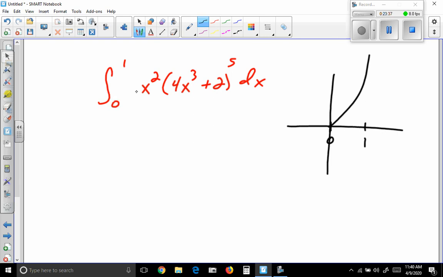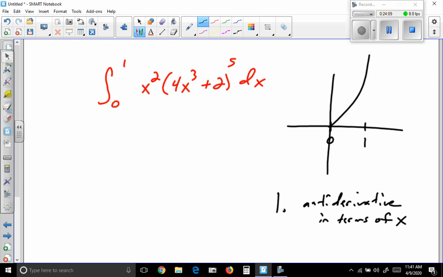So if we change our variables on the inside to u variables, then these numbers may not be 0 and 1 when we change to u. So we have two options. Option 1 is to get the antiderivative in terms of x.